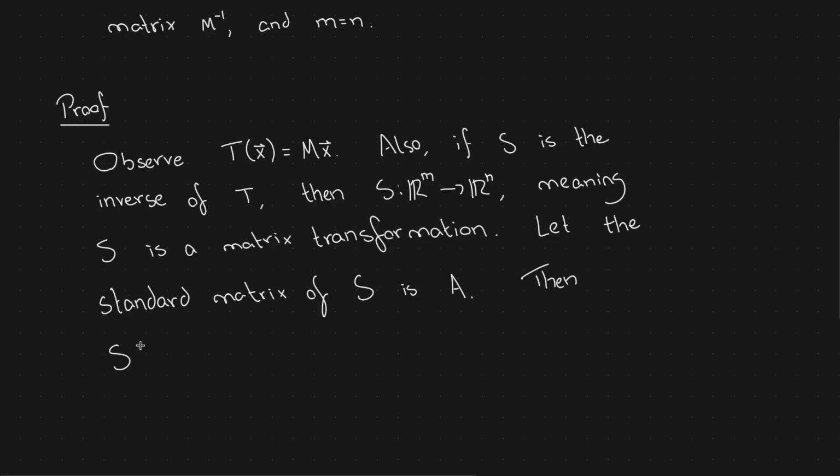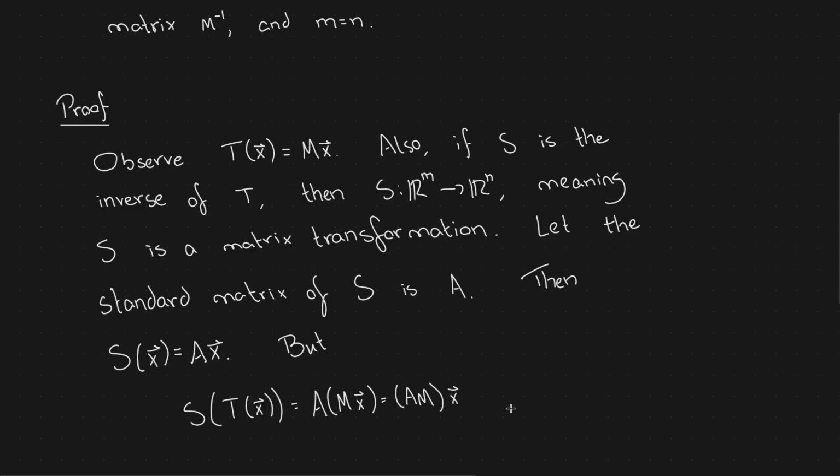Then S of x is equal to matrix A times x. Right? That's what it means for A to be the standard matrix of linear transformation S. But S of T of x equals A of M times vector x, which is equal to AM times x.